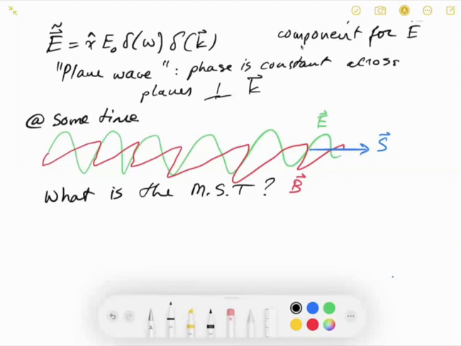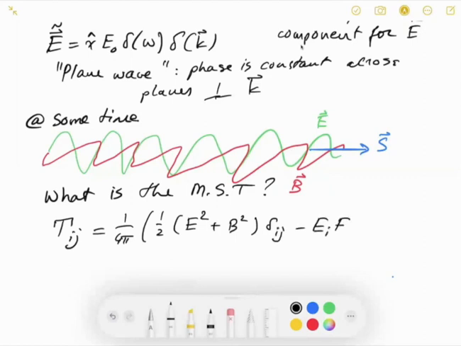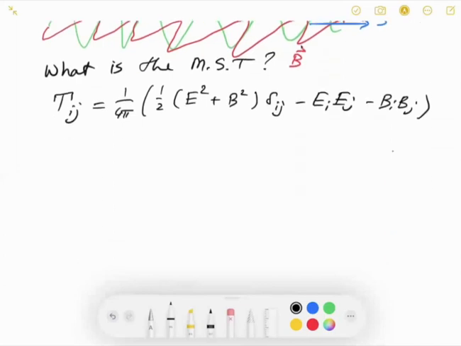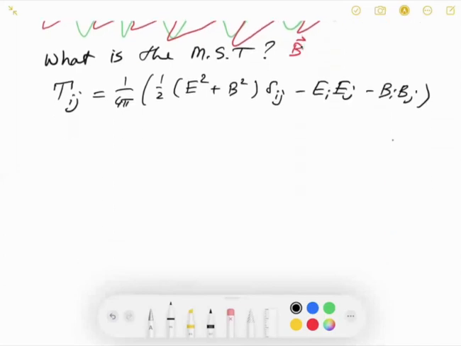So remember, T_ij equals 1/4 pi times (delta_ij (E squared plus B squared)/2 minus E_i E_j minus B_i B_j). And I'm going to let you work on this a little bit.